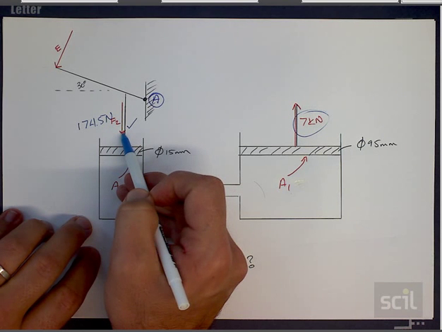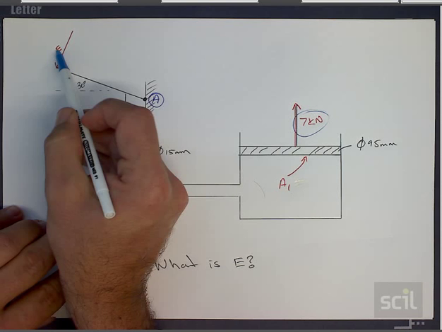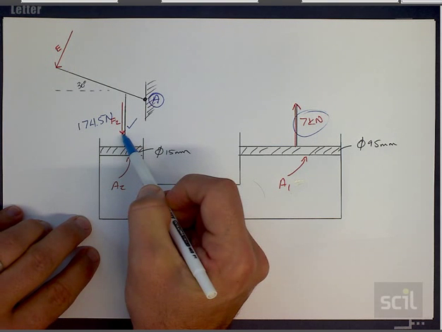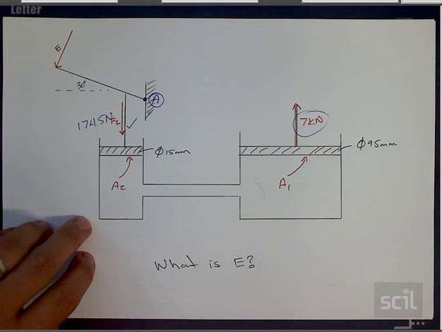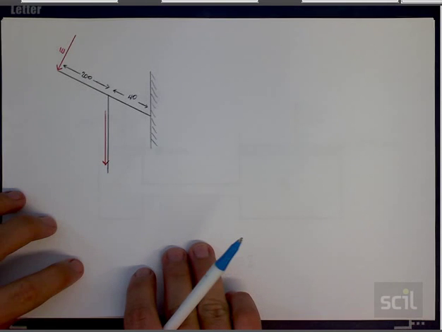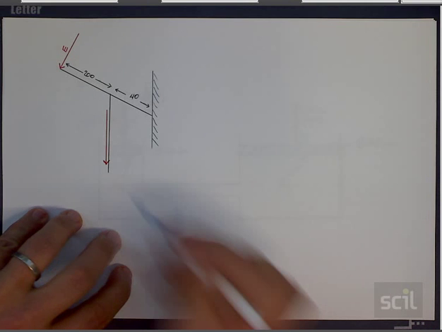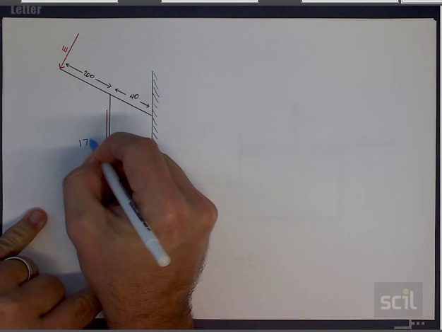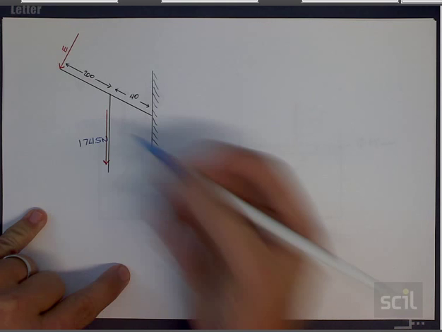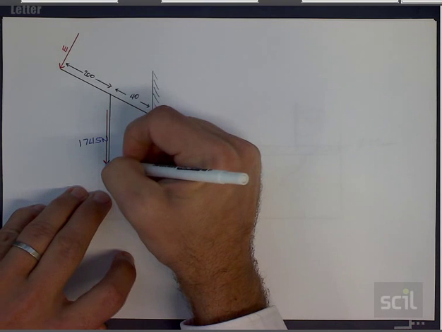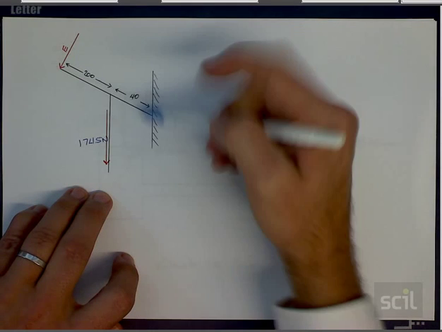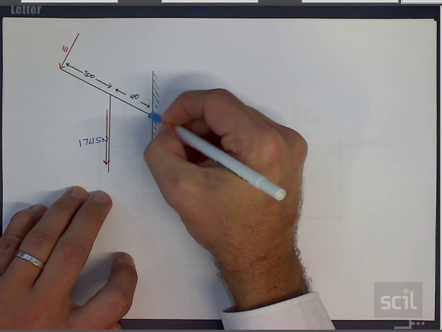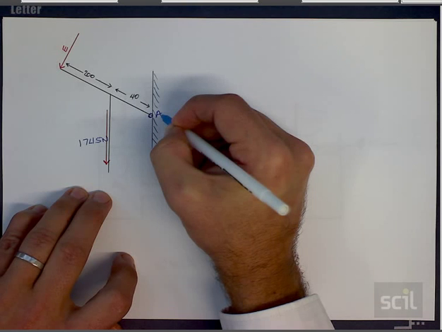What we now need to work out is how much effort over here is required to calculate a force 2 of 174.5 newtons. And that's where we're going to start off over here. So looking over here, this is the 174.5 newton force coming down the piston, and this is an effort that's being applied at the end of this arm. So this point over here is the pivot point, and I'm going to call that point A.